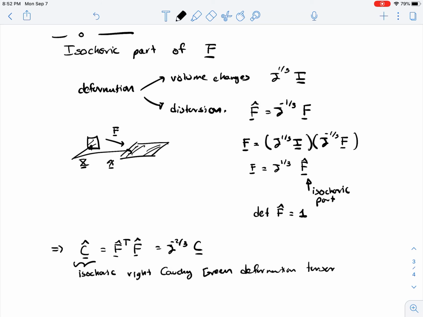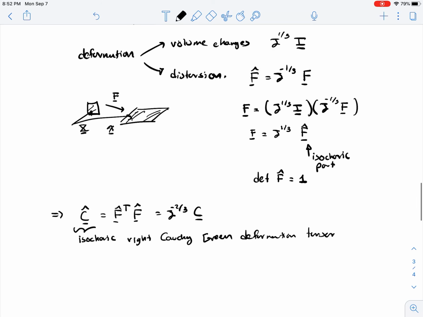And again, all that we are doing is splitting the deformation into a part that preserves volume and just cares about the distortion, and a part that worries about volume changes. And we're not going to really get back to this until later when we do hyperelastic materials, but there are a bunch of strain energy functions that are defined in terms of this C hat.